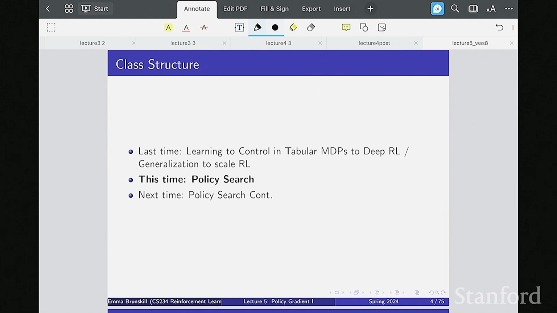We're still going to think about a policy, which is a mapping from states to actions, or from states and actions to a number between 0 and 1 such that it sums to 1, so we always have to do at least one action in every state. But we don't necessarily have an explicit representation of the value function anymore.